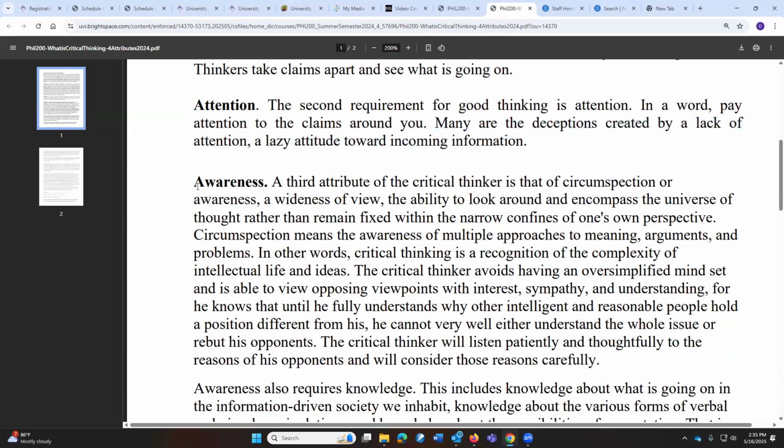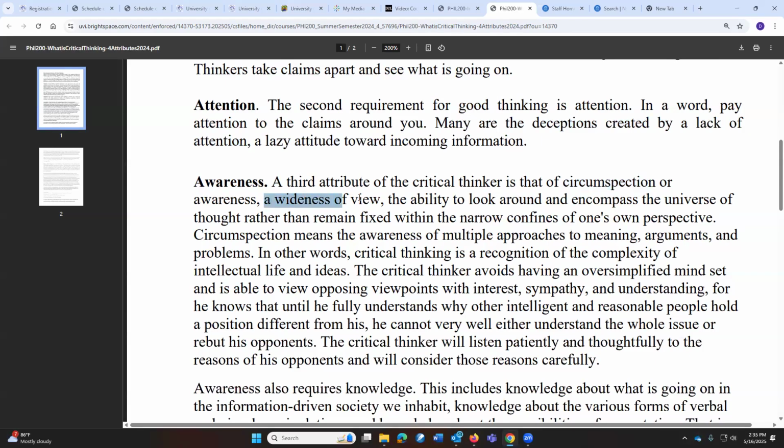Next, we have awareness. Well, how is awareness different from attention? Attention is being up and ready with all of our thinking ability on target to go. Awareness is our understanding of it. A third attribute to critical thinking is what we call circumspection or awareness.